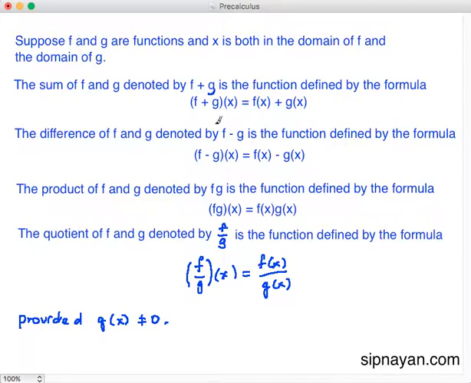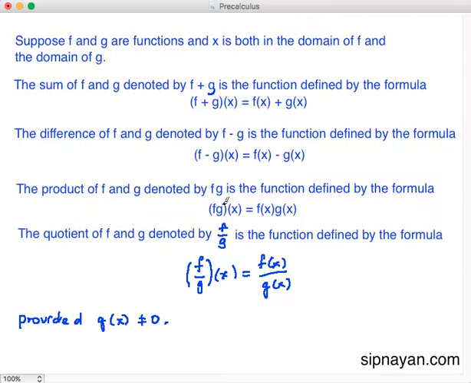This is just a notation that the two functions are added by getting their y values. Yung mga y values ito, di ba? Yung g of x saka f of x. So, pag nag-add ka ng dalawang functions, you get the y values and then add the y values. Now, the difference of f and g is ito yung kanyang notation, almost the same din dito, kaso minus lang siya.